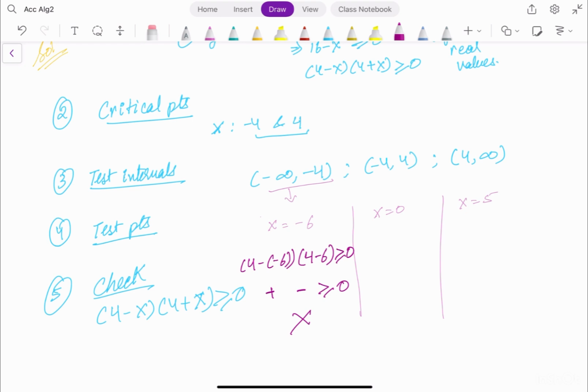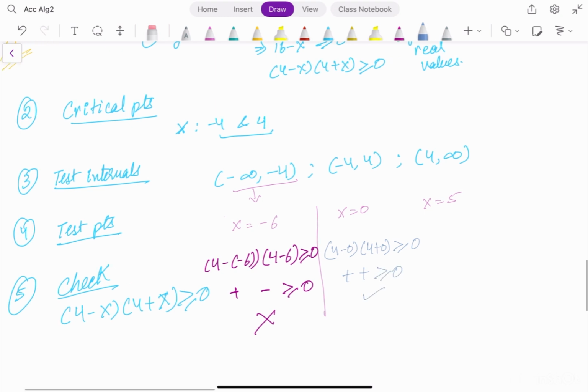Let's test the second one. For the second one, if you plug 0, both of them are positive. So positive and positive, which is greater than or equal to 0. So the second test interval will hold true. Let's check the third interval.